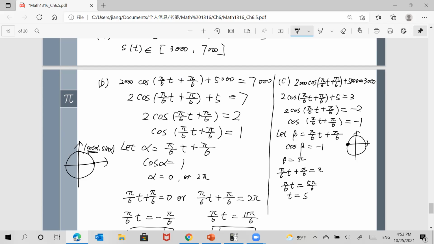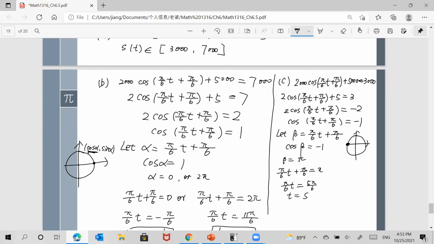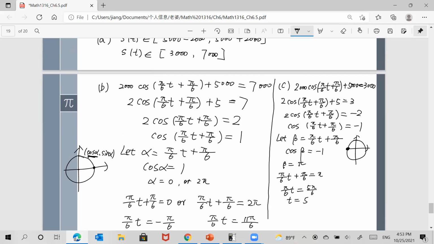So when t equals 5, let's see, is that right? No. Why do I have a different one? Let's see, I got one in the previous slides. Why don't I have the same one? Okay, 3 minus 5 is -2, so everything is good.